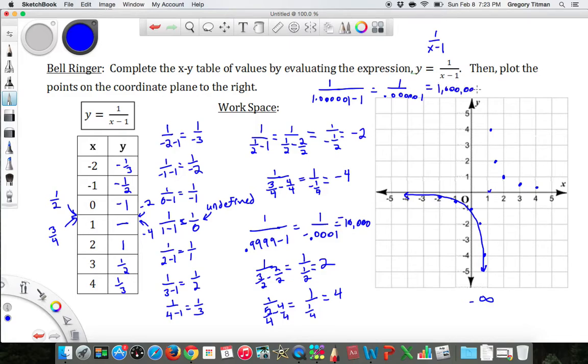So when I evaluate this function where x equals 1 and 1/1,000,000th, I get y equal to 1 million. So I'd have to go all the way up here to a million. And we could get even closer to 1. As I get infinitely closer and closer to x equals 1 in this direction, my y values are going to approach positive infinity. So we get a graph that looks something like this.